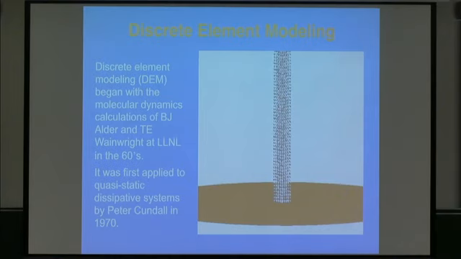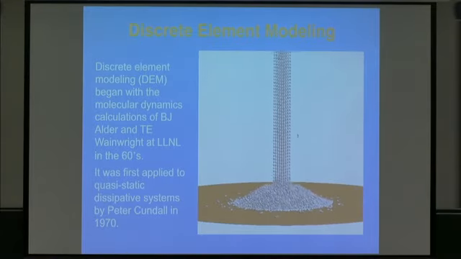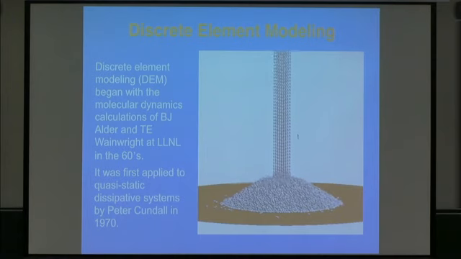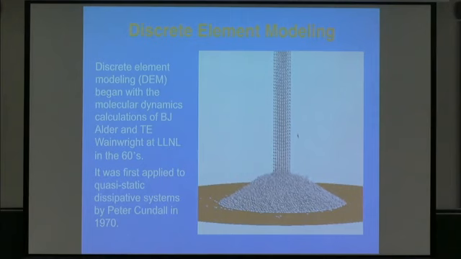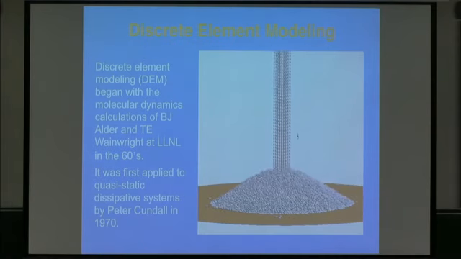Just to show you a little bit about what discrete element modeling is. This is a long cascade of individual ellipsoidal grains. And what we're doing is, at every time step, which is on the order of a millisecond, we're going to find the contacts between pairs of grains in that pile and find the force between those two grains, calculate the force, then integrate the motion one time step.